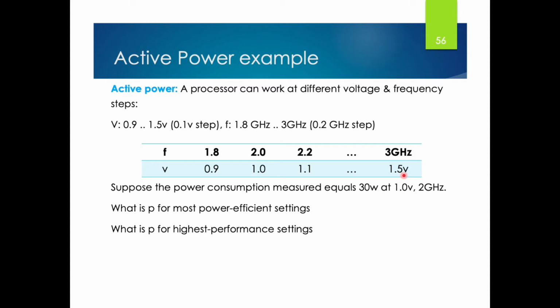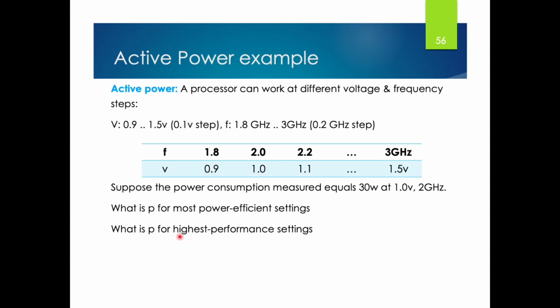Suppose the power consumption is measured to be 30 watts at 1 volt and 2 gigahertz. That means at this point the CPU consumes 30 watts. Now the questions are, what is P for the most power efficient setting? That is the power that the CPU will consume at this level. And what is P for the highest performance setting?